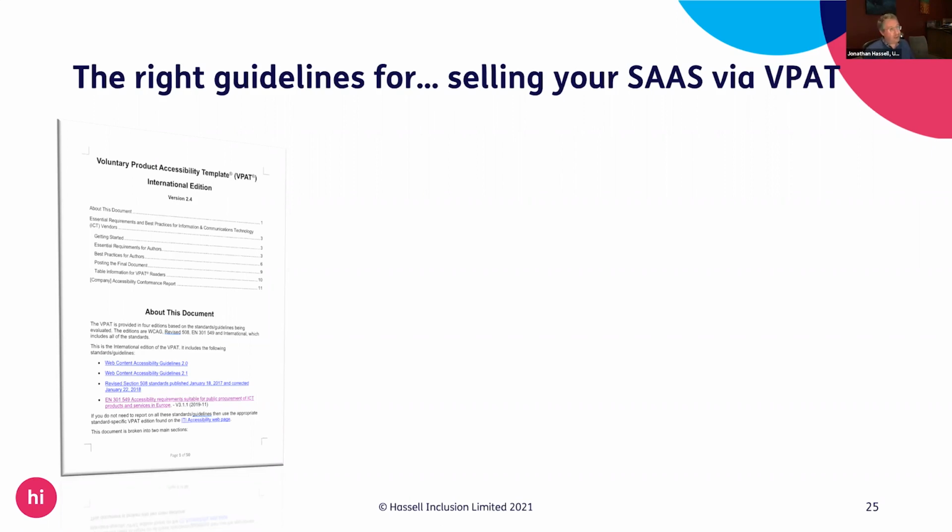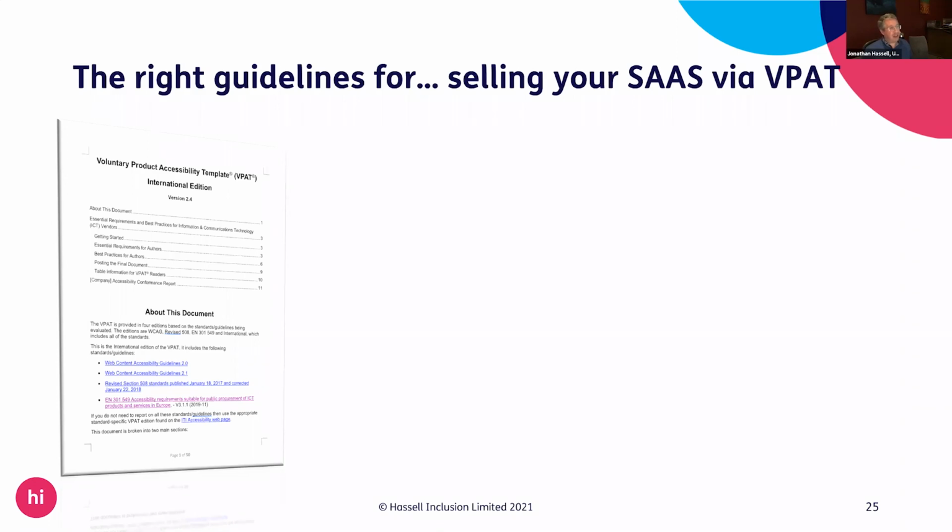2.4 came out in 2020, about March. And that's a great document for summarizing what is strong and what is weak about the accessibility of a product that you may have created. So it needs to be created after you've done an audit, and ideally after you've found some things that were wrong in the product and fixed them.